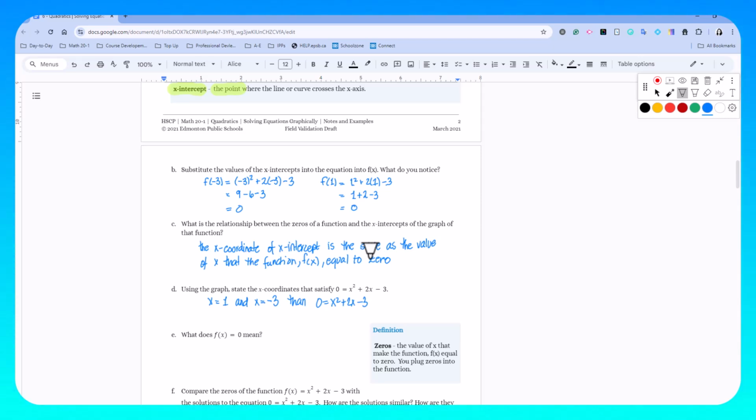And just another way of saying that comes out of part E. What does f of x equals 0 mean? Well, it means the value of x makes the function equal to 0.